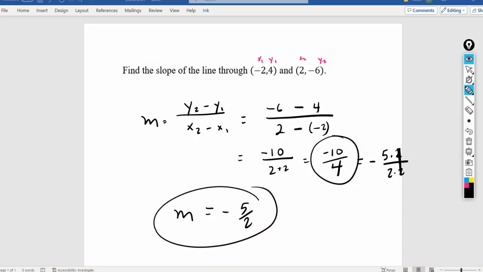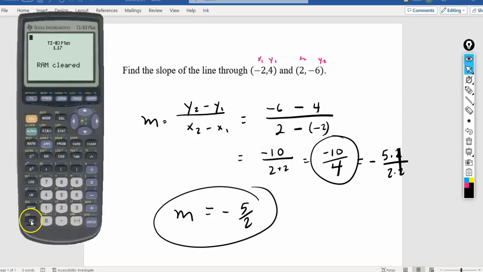Now, you can reduce that in your calculator. You can get your calculator to do it for you. Let me get this up here on the screen. So if I have -10 divided by 4, and then press enter, then come up here to where it says the math button. Press math, and then press enter twice.